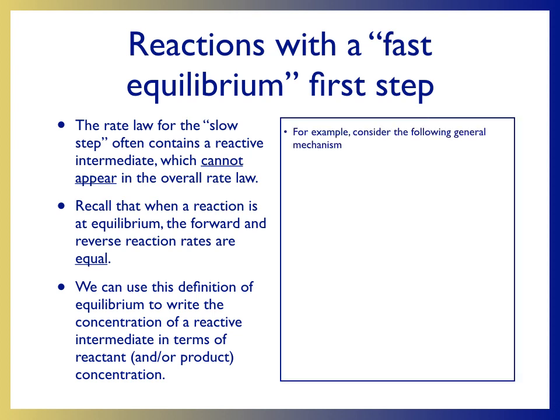Here's an example. We have a general two-step mechanism, where the first elementary reaction is a fast equilibrium reaction, and the second is a slow reaction.